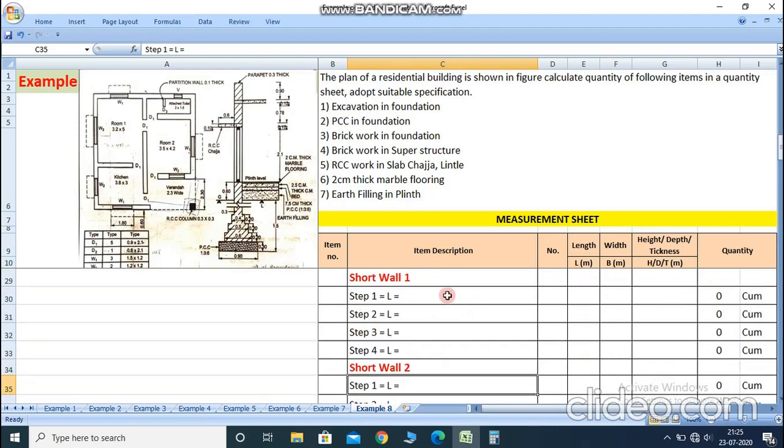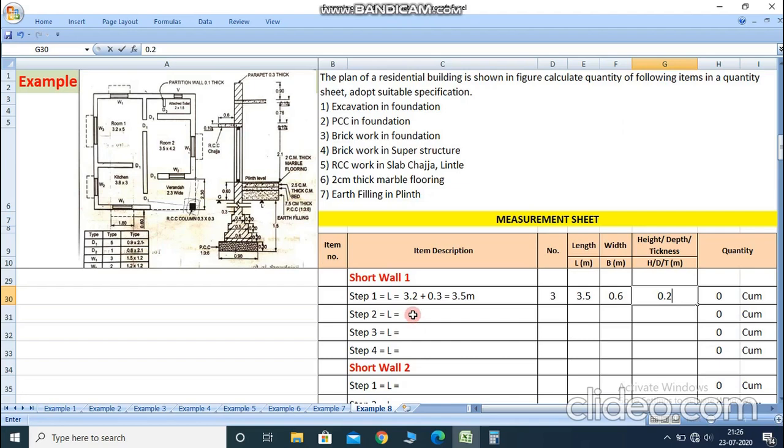So right here for the length, 3.2 plus the difference between 0.9 and 0.6, meaning the first step and PCC work difference, which is 0.3. So right here 3.2 plus 0.3. So the answer we got is 3.5 meter. Here the number of walls is 3, length is 3.5, width is 0.6 because we calculated step 1, and height or thickness is given as 0.2.